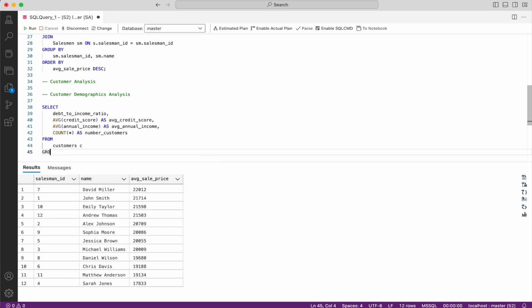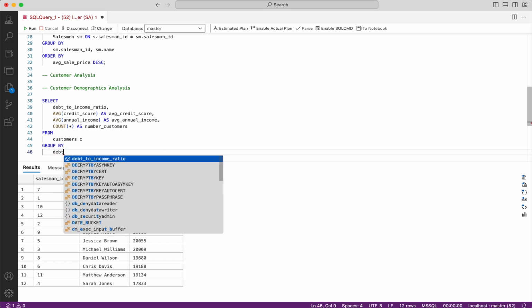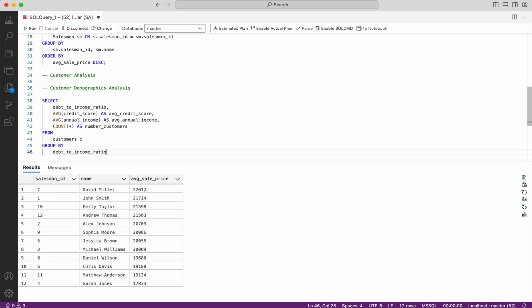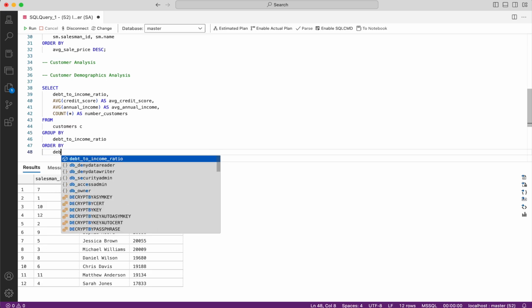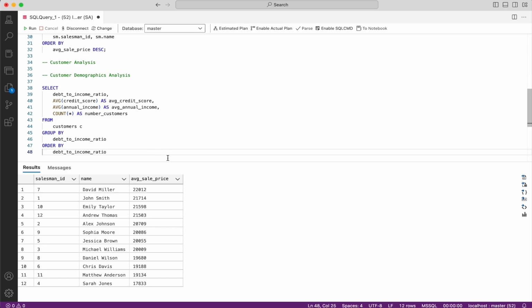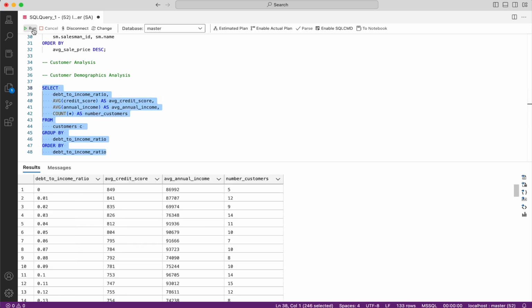Group by debt to income ratio. Okay, yeah, we're good. And then order by debt to income ratio. Let's run this and see if it's working well.